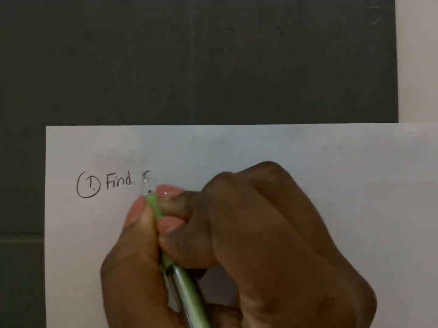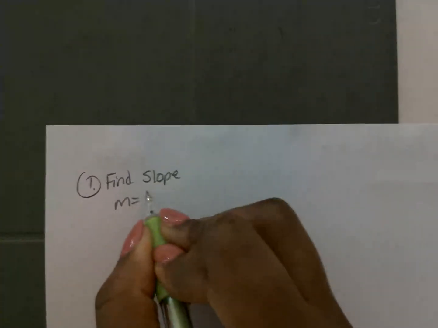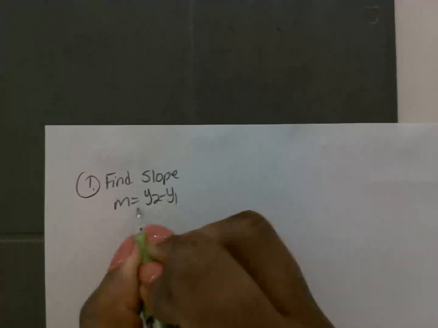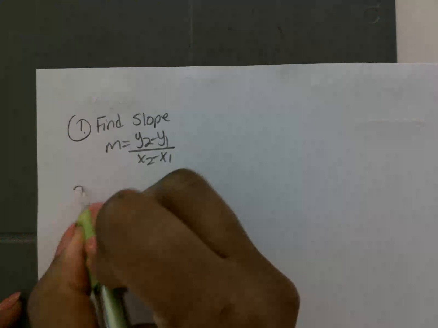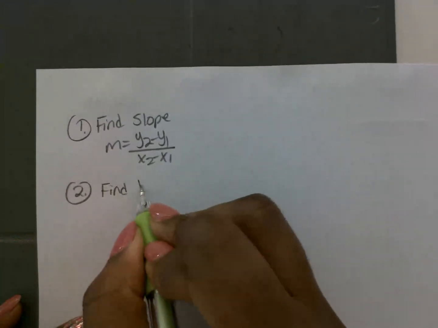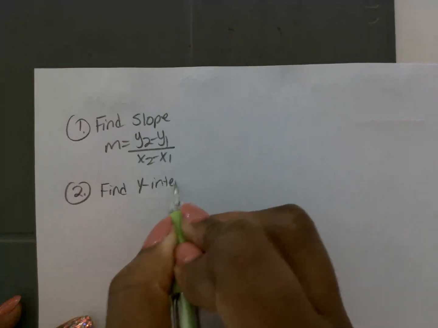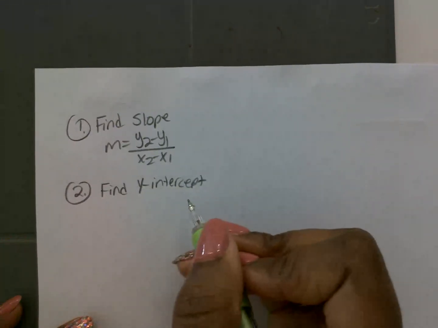The first step is to find the slope. Okay, remember we're going to use y2 minus y1 over x2 minus x1. The second step is to find the y-intercept. They don't give you a line, so you can't look to see where the line crosses.